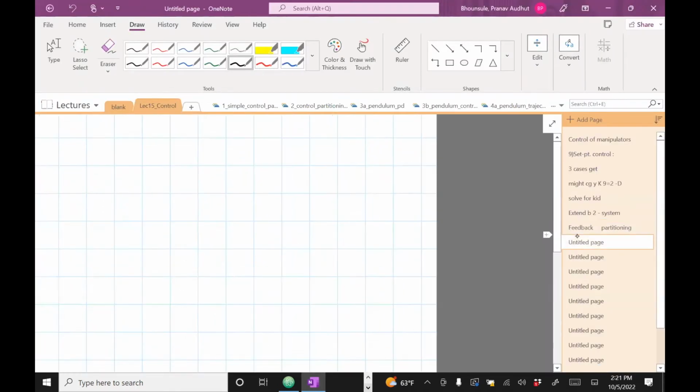So if you want to see it in a much easier way, you can just write it as Q1 double dot plus KD1 Q1 dot plus KP1 Q1 equals 0.